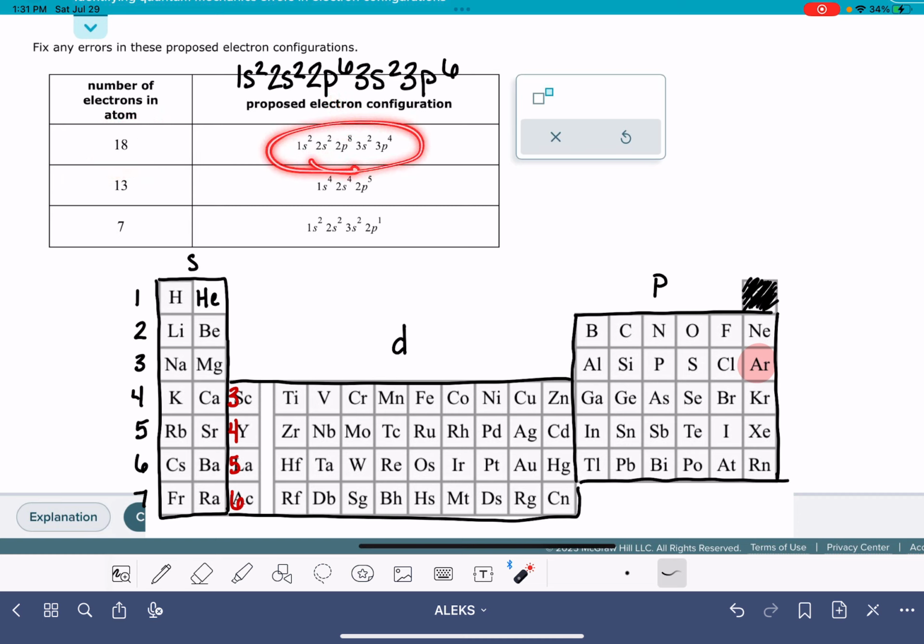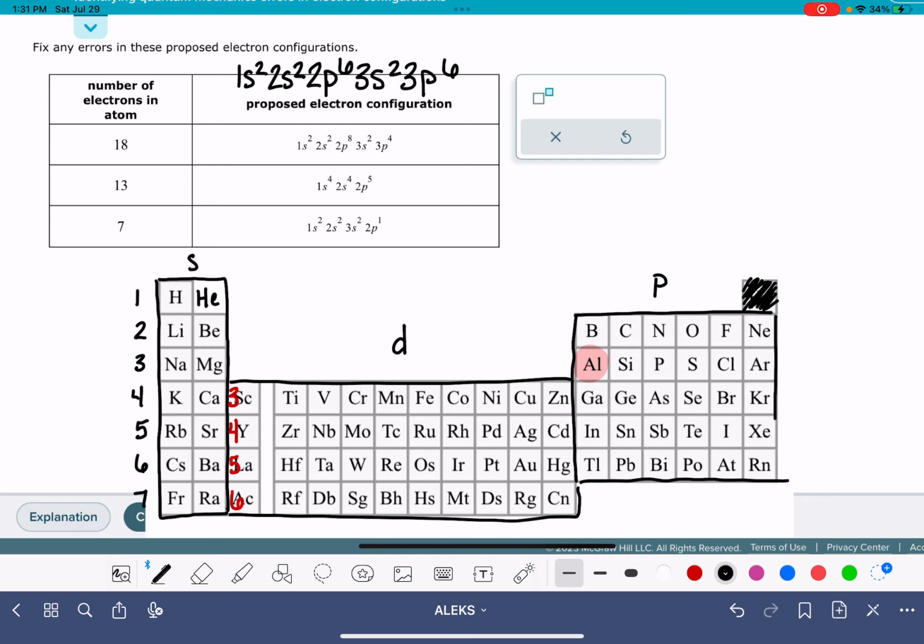You're just going to go in and edit that. Let's do this next element with 13 electrons. I think that's aluminum, if this is 18, 17, 16, 15, 14, 13. Yeah, so our next one we're working on is aluminum.